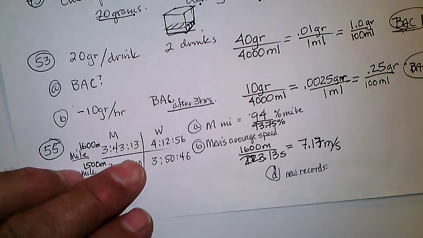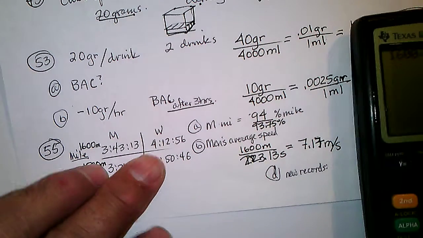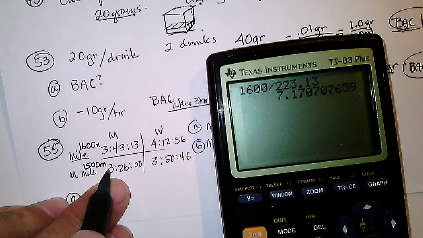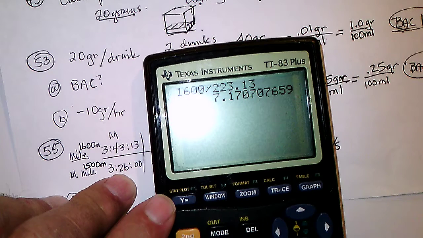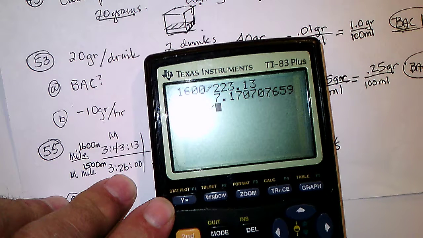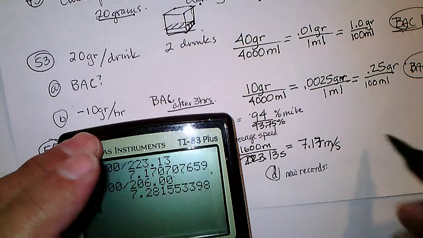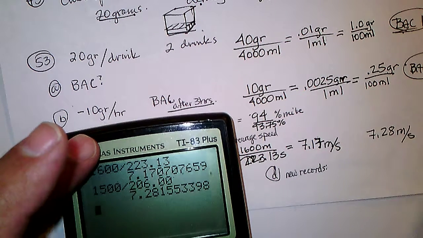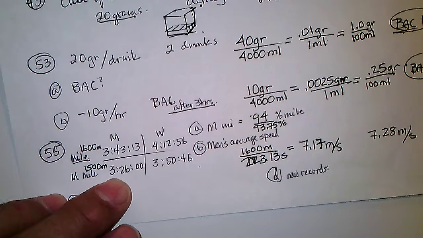Now for the metric mile, their average speed would be 3 times 60, 180 plus 26, that's 206. And the metric mile is 1,500 meters divided by 206.00, which is 7.28 meters per second. So, did I do that right?